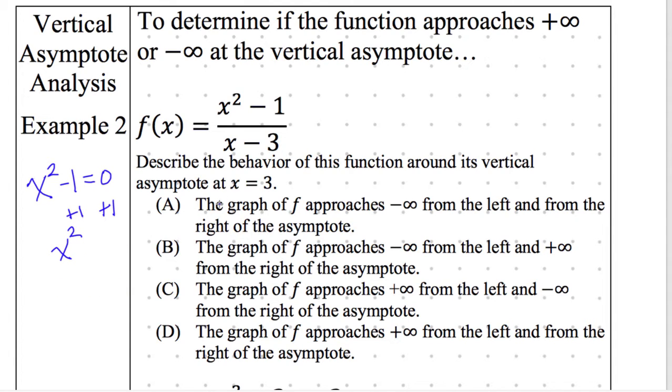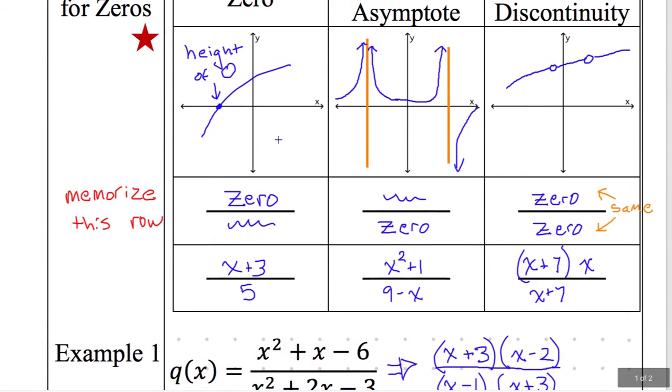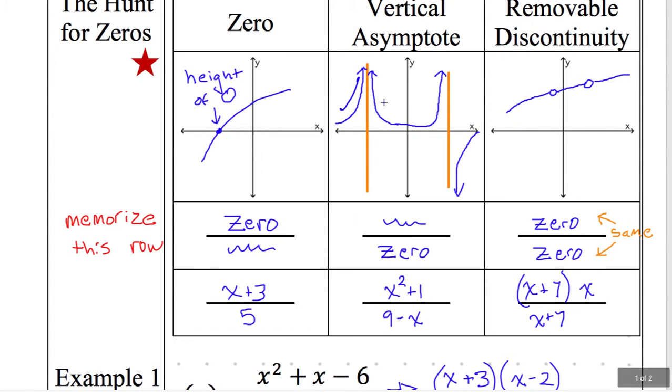But coming back here, I want to know the vertical asymptote. I need to know if I am going from the negative or the positive side. So it's very similar to asking this question: are they both going to positive infinity? Is one going to positive infinity, one going to negative infinity? Or maybe both of them going to negative infinity? That's the question I'm asking you over and over here, about this graph.